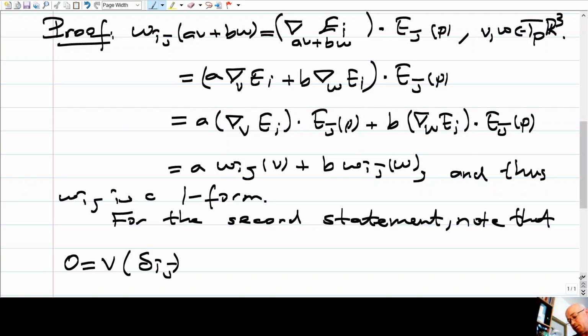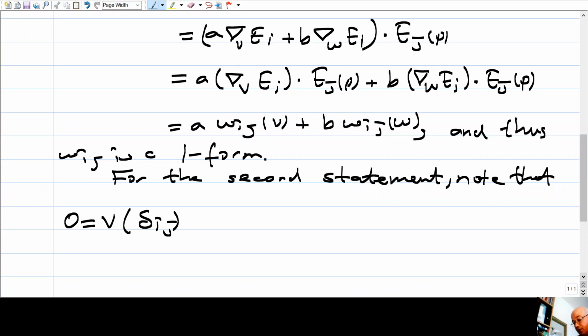This is, depending on i and j, either 0 or 1, a constant function in any case. Therefore, its derivative along the vector V is 0.